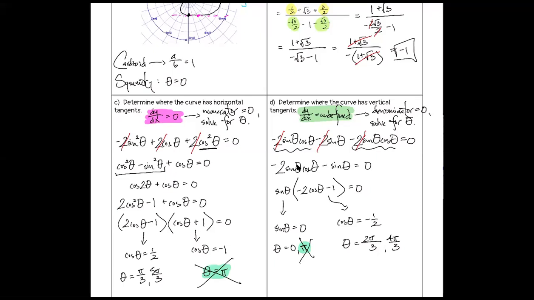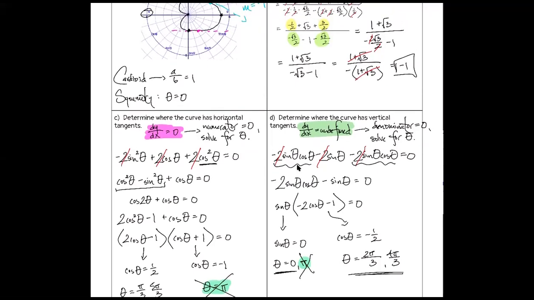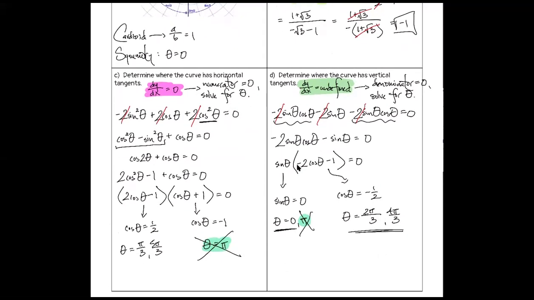So we have then. Professor, can you repeat that? Can you let me finish my sentence? Mm-hmm. Okay. So at theta equals 0 and theta equals 2 pi over 3 and 4 pi over 3, if you drew a more accurate diagram, you would see that there are vertical tangents there, okay? And if you went to these two, you would find horizontal tangents.